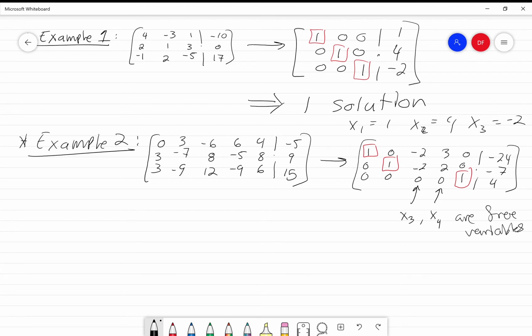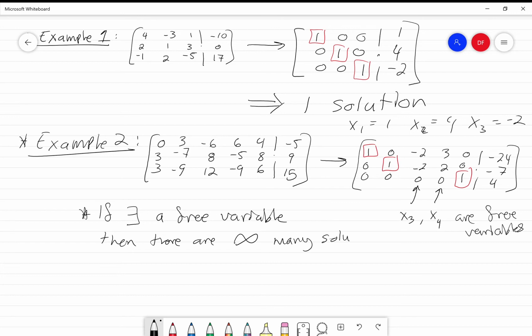Okay? And if there exists a free variable, then there are infinitely many solutions.